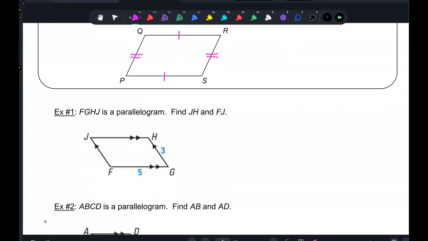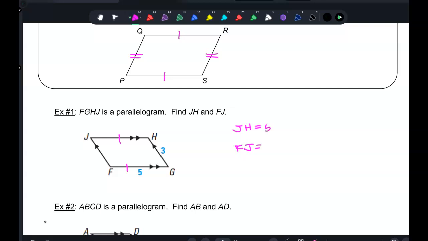So here's our first example, FGHJ. So this one is a parallelogram. So notice they named it going counterclockwise. Again, it doesn't matter. Find JH and FJ. So JH has to be the same as FG.